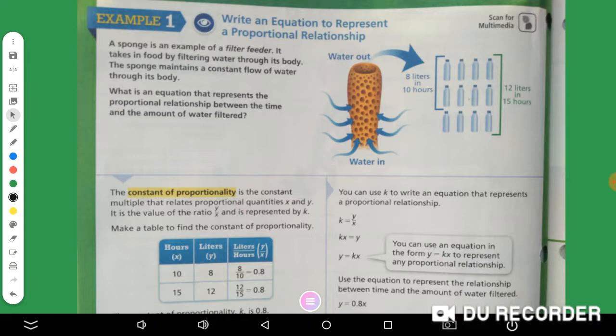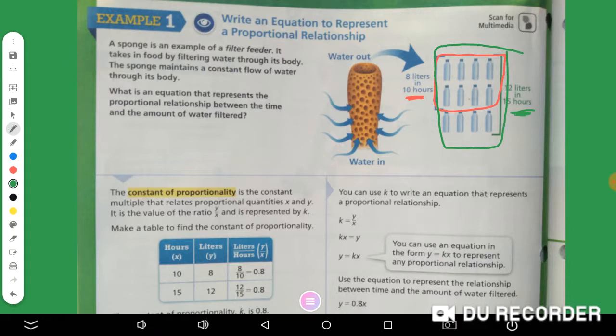Now, this sponge needs to feed itself, so it filters the water. Each 8 liters of water takes 10 hours to filter, and 12 liters takes 15 hours.